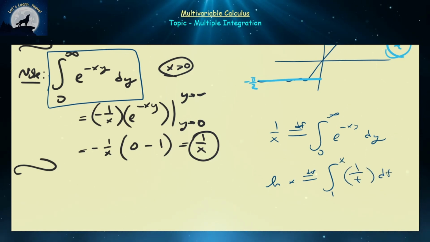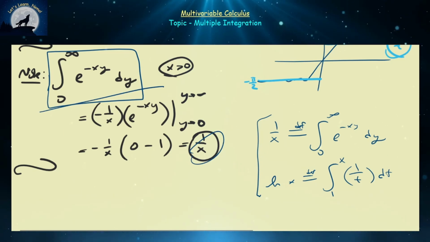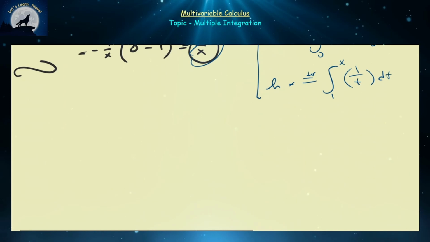So it's not that absurd to define a function in terms of an integral, because integrals can always be approximated, for example, via Riemann sums. Right? So 1 over x is definable as this improper integral from 0 to infinity of e to the minus xy, provided that x is a positive number.